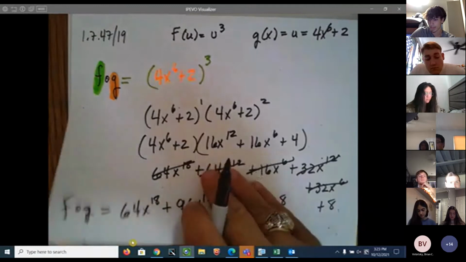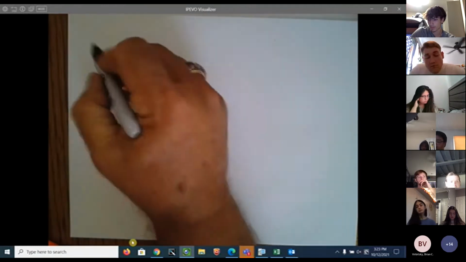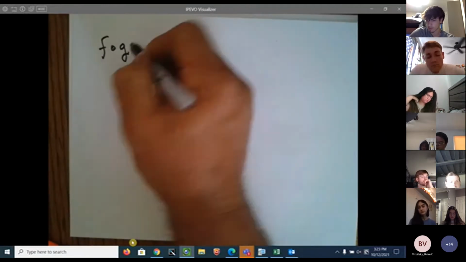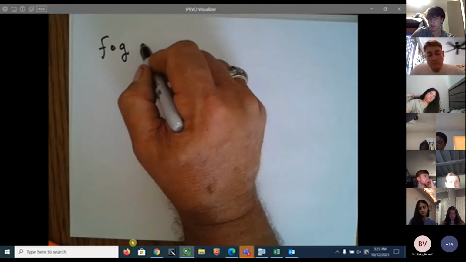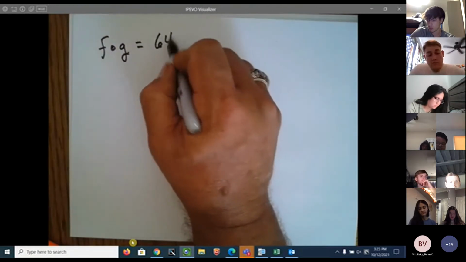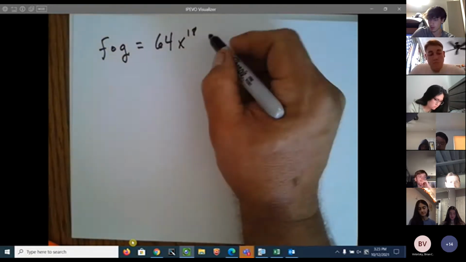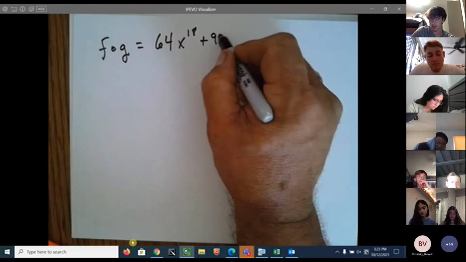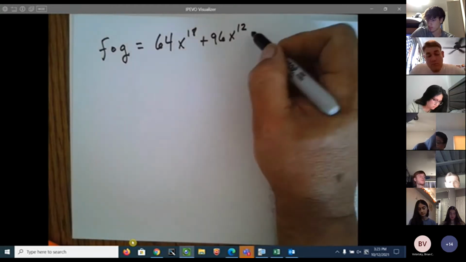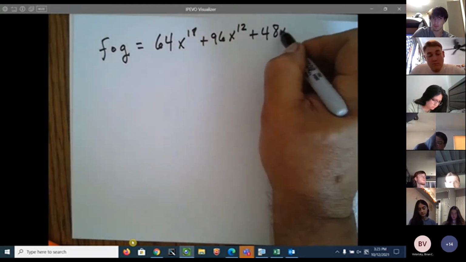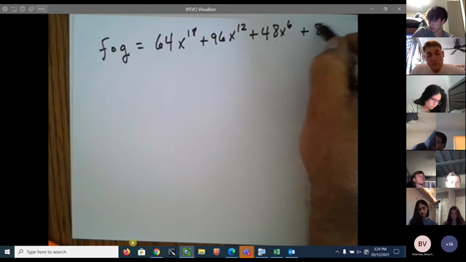And they want the derivative of that. So f composed of g is equal to 64x to the 18th plus 96x to the 12th plus 48x to the 6th plus 8.